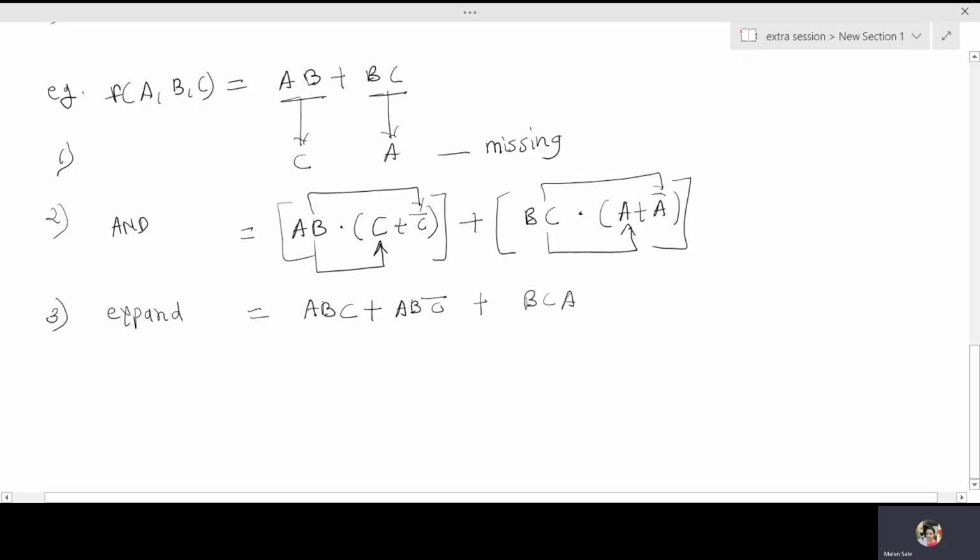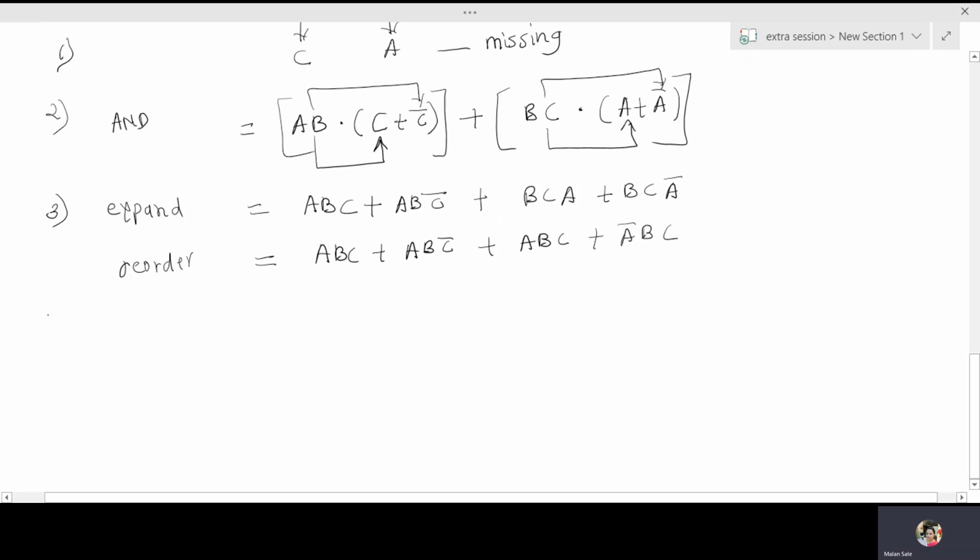Then BC is multiplied with A plus BC A bar. After expand operation, reorder the literals. The order is ABC, so reorder the literals. ABC plus ABC bar plus ABC plus A bar BC. After performing the third step, now omit the repeated product terms if any in the expression.